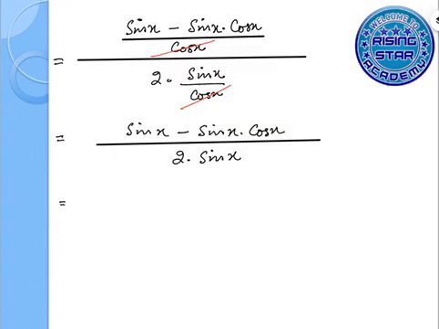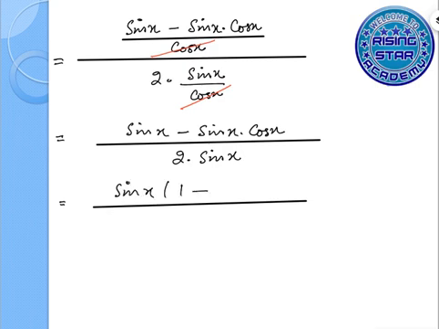I will take sine x as common from the numerator. So now I have 1 minus cos x. In the denominator I have 2 times sine of x. So this sine x is going to cancel with this sine x.